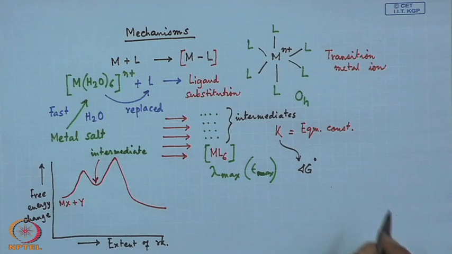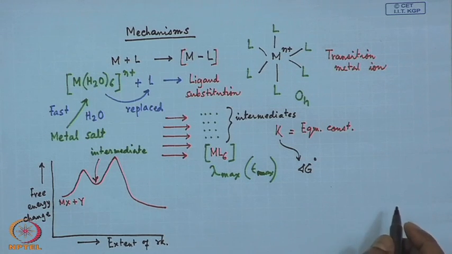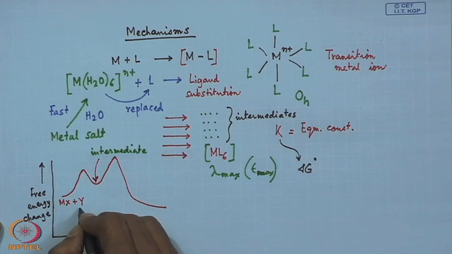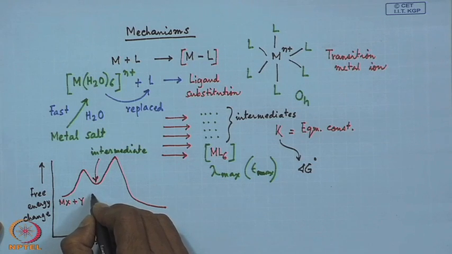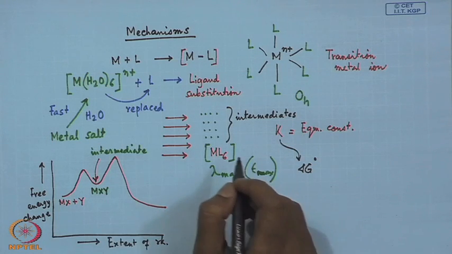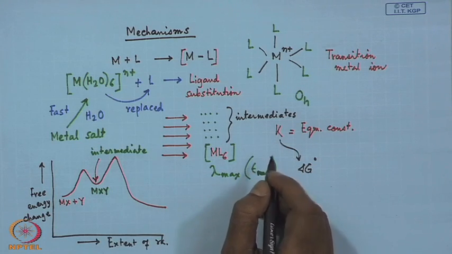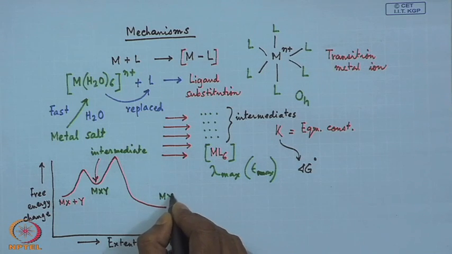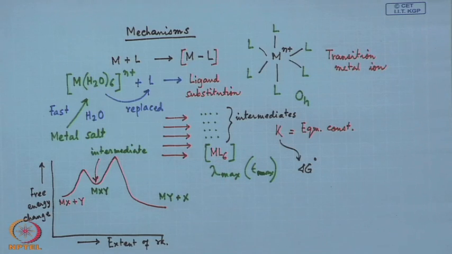of that intermediate. So, the intermediate has sufficient stability that we can measure, and whether Mx plus Y or My directly can form over there tells us how quickly this intermediate is formed, and then we have My plus X, the ultimate product, that means ML6 is forming.